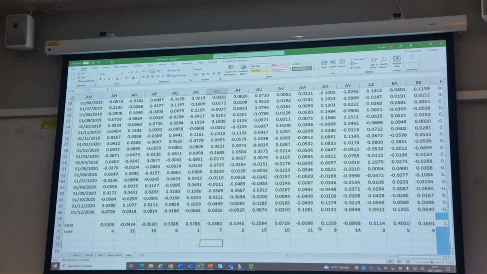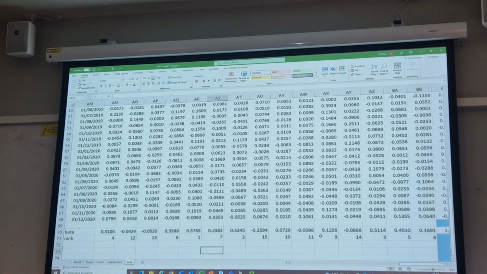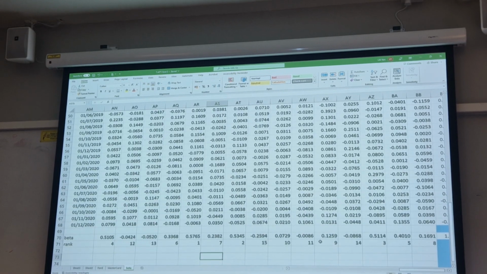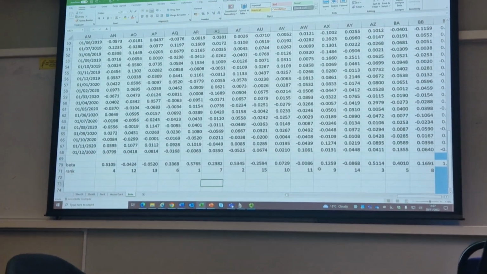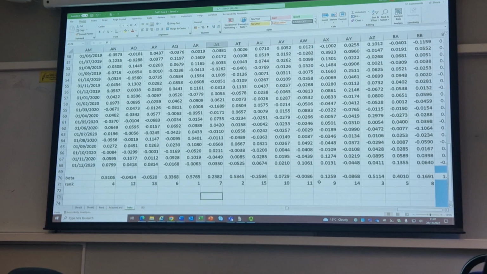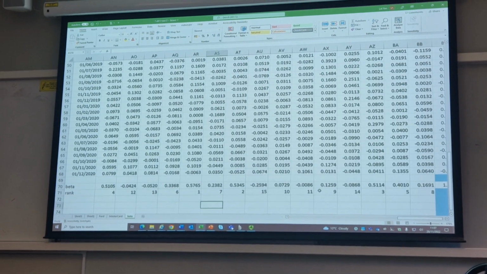Later you would find it's not complicated but very tedious. Kevin, what do you think? Is that tedious? It takes time, but it's not that complicated, right?